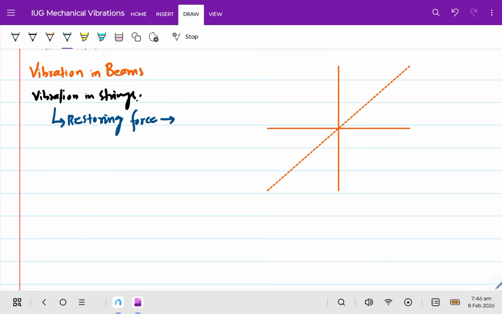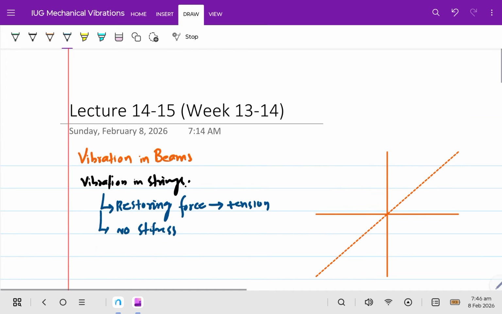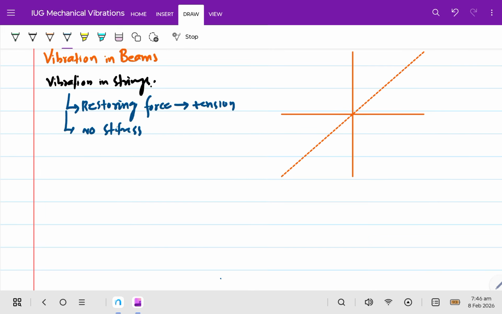There was no stiffness involved. It was a single one-dimensional geometry. There is no breadth and width, so there is no stiffness that was involved in the calculation. The motion of the wave was small and transverse in nature.